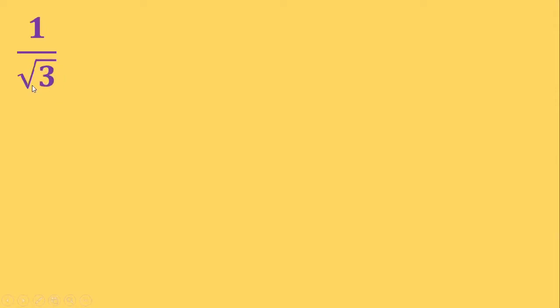Now, you have to make the denominator a rational number by multiplying root 3 by some number. So by which number do you have to multiply the denominator to make it a rational number? Write 1 by root 3.